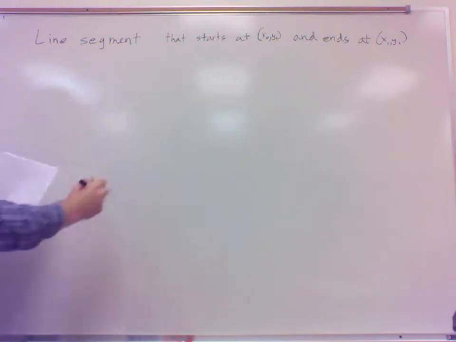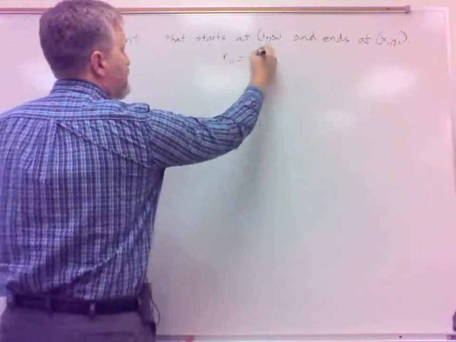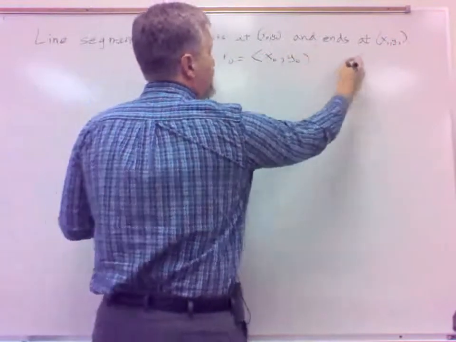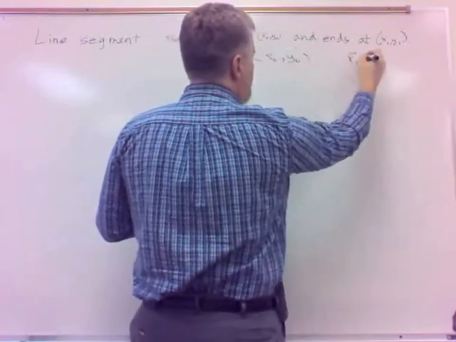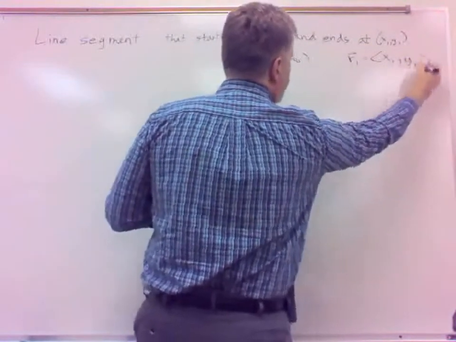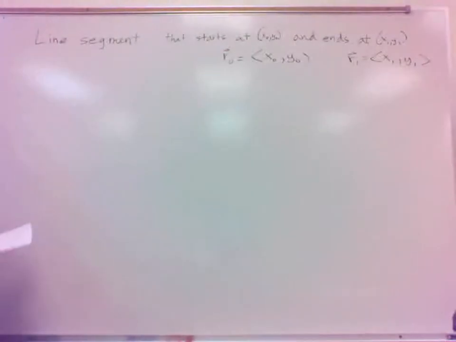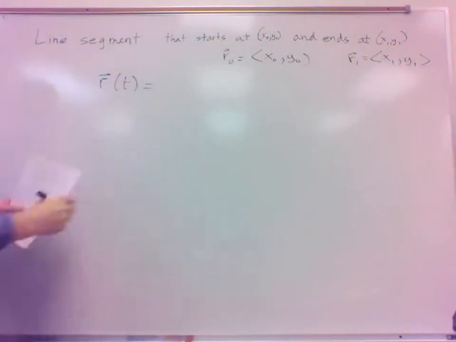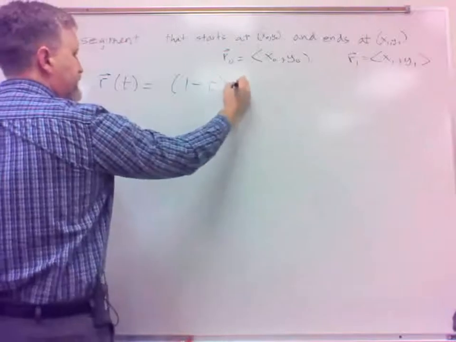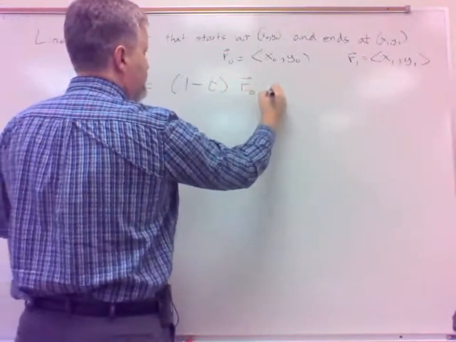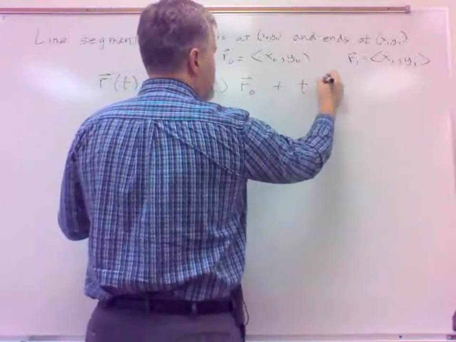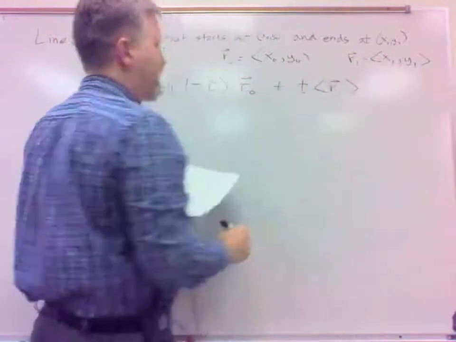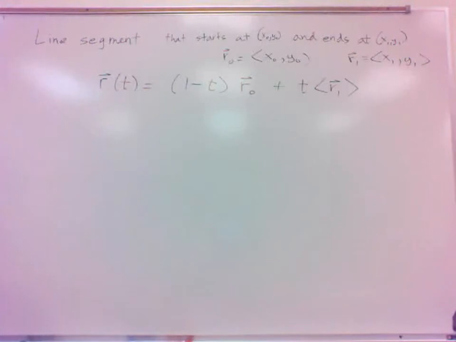It turns out if we let R0 be the vector x0, y0, and R1 be the vector x1, y1, then we can write a formula for a vector between the two, call it R of t, and R of t turns out to be 1 minus t times the R0 vector, plus t times the R1 vector, where t goes between 0 and 1.